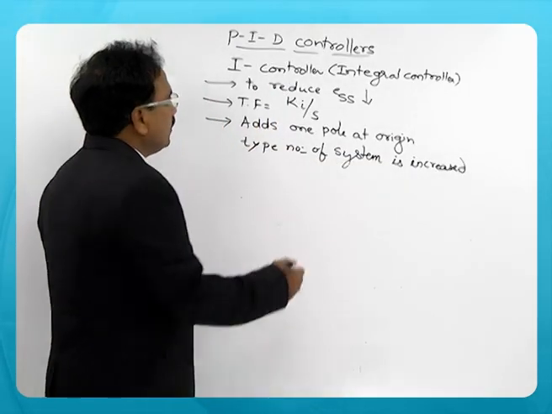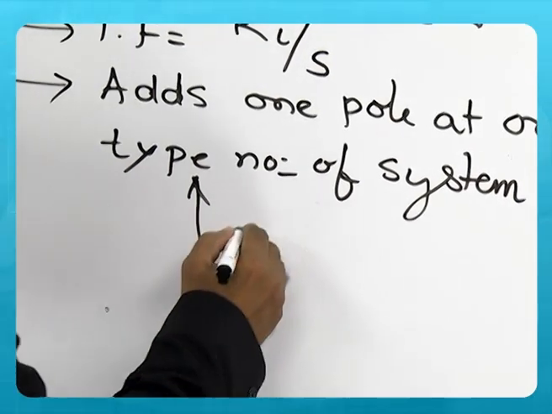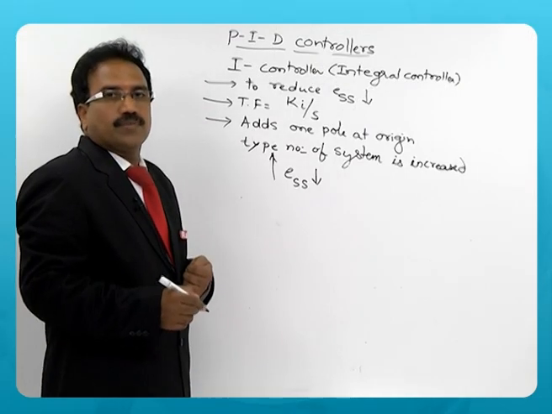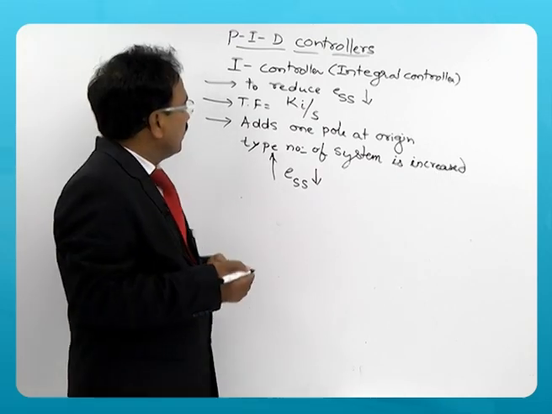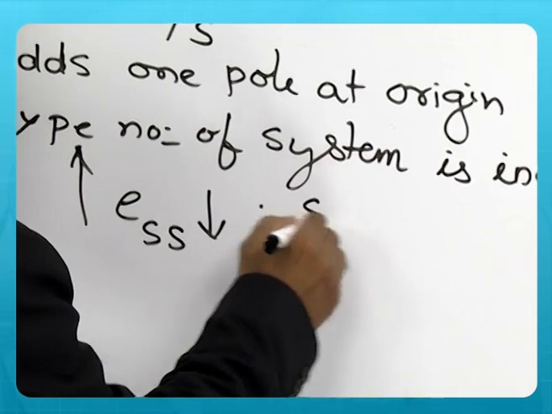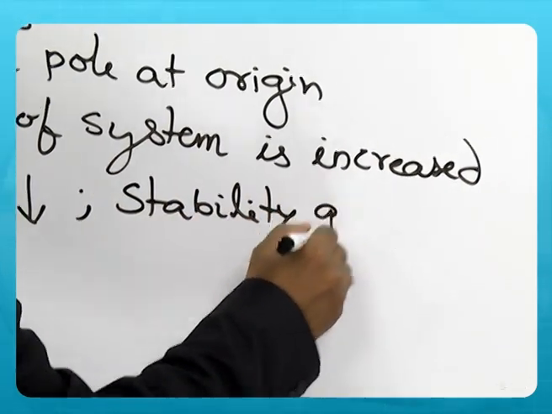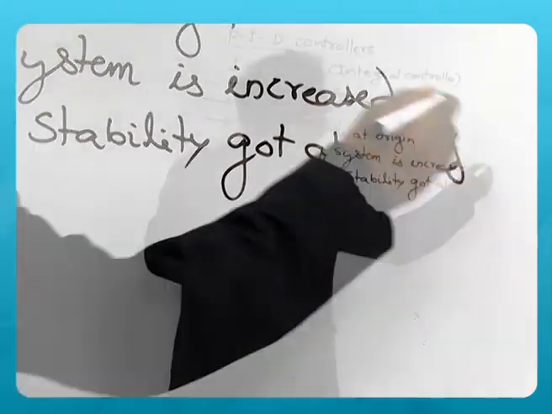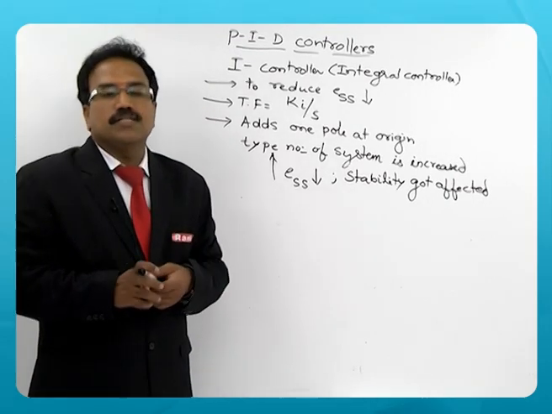So as the type number is increased, the steady state error will be decreased. That is the advantage of the integral controller, that steady state error is reduced. But the stability gets affected by adding one pole to the system, and that too at the origin.